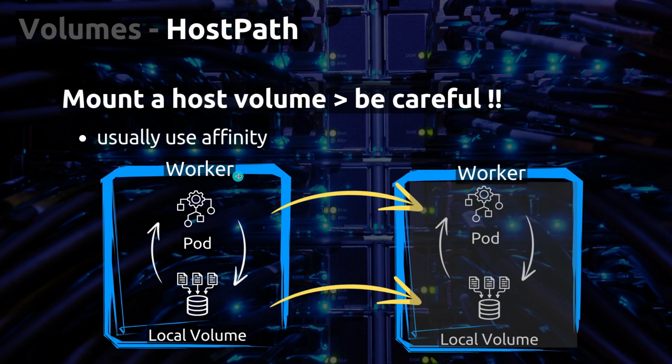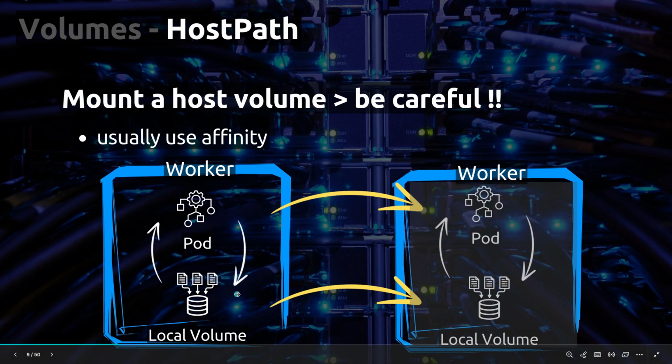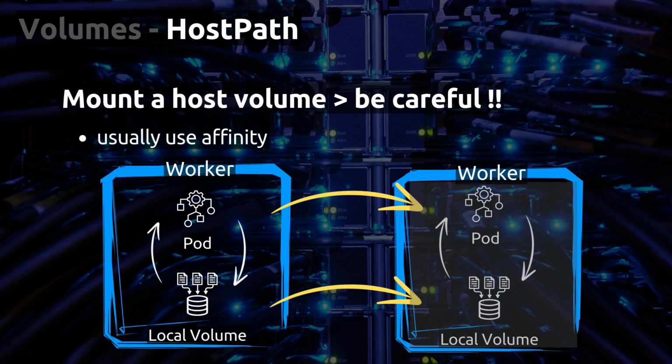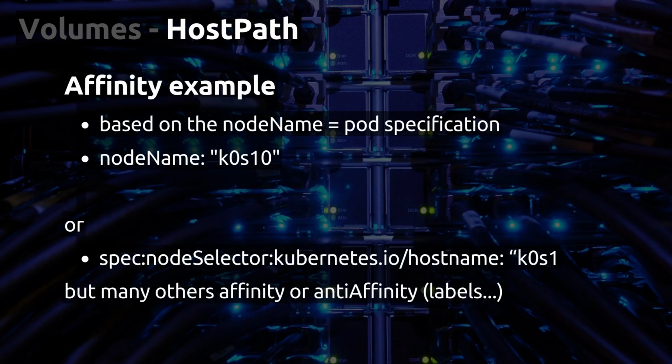When you use Hostpath, you need to keep this pod on the same volume location. So this is really important. To handle that, or to avoid that, you can use affinity. For example, you can use affinity based on the node name.